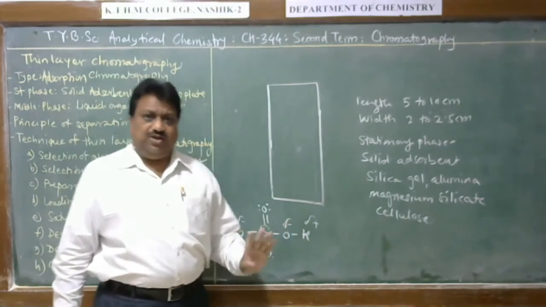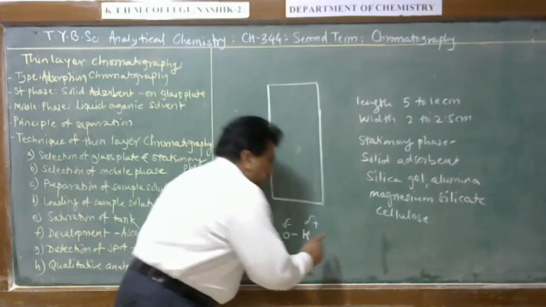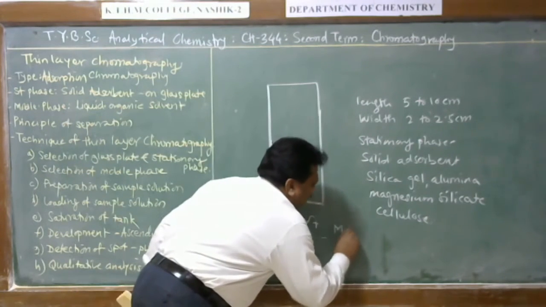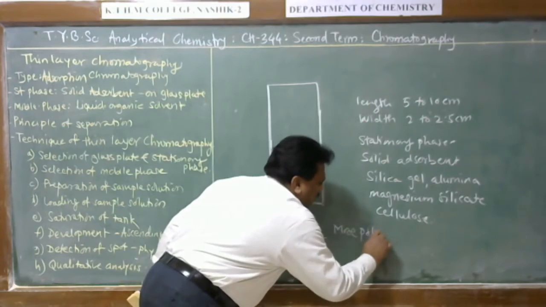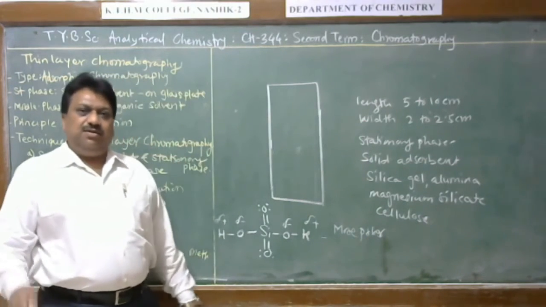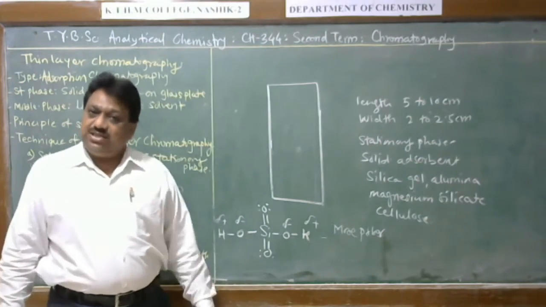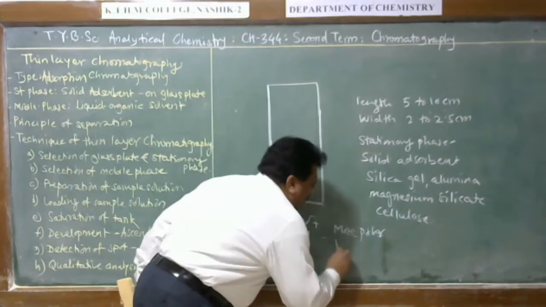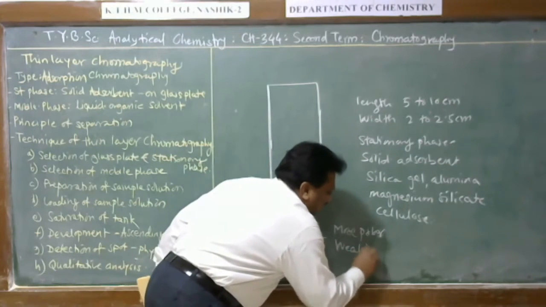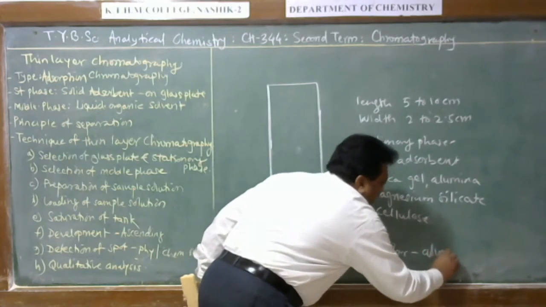in thin layer chromatography. Generally, silica gel is preferred for separation of more polar compounds. If compounds are more polar, then to separate polar compounds from one another, silica gel is preferred. Weakly polar or less polar compounds can be separated by using alumina.